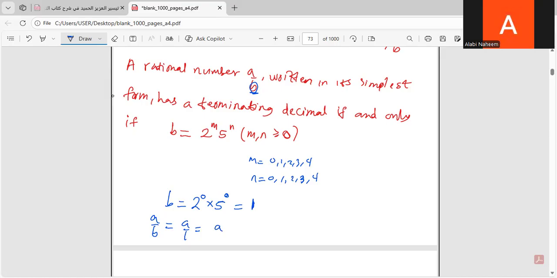Now, moving forward, what this means is that if the denominator B should have any other prime factor other than 2 or 5, then the decimal is non-terminating recurring. Listen carefully. If this denominator B of the rational number in its simplest form should have any other prime factor other than 2 or 5, then the result will be a non-terminating recurring decimal.